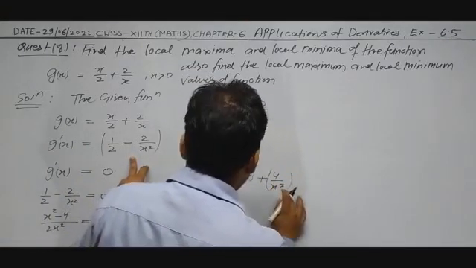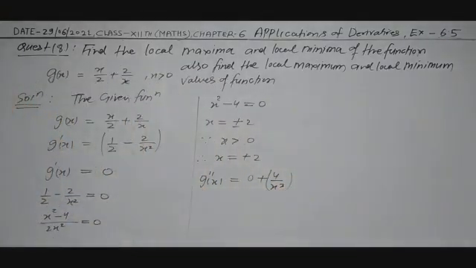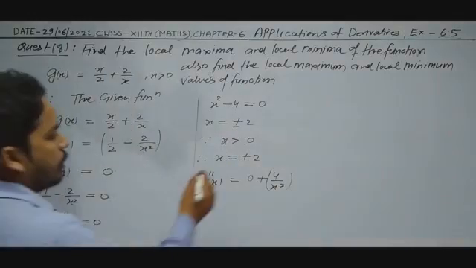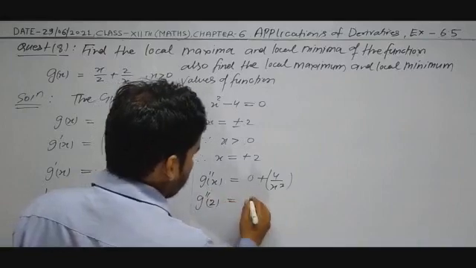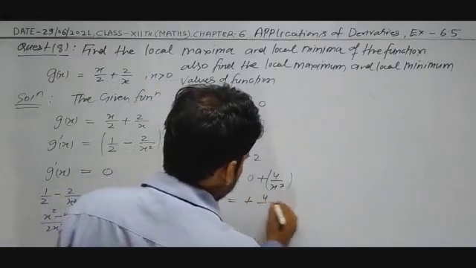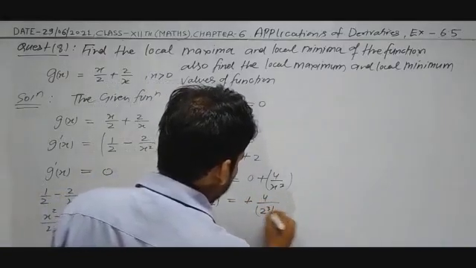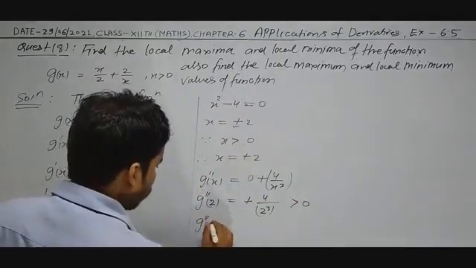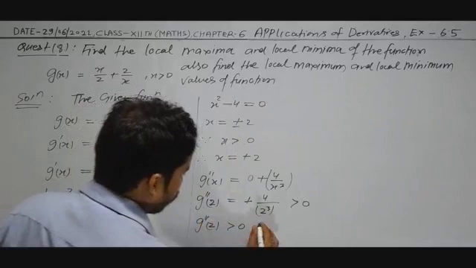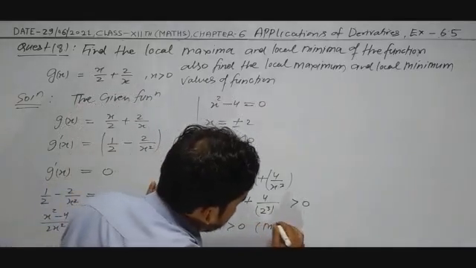This is the g double dash x. So now g double dash 2 result is 4 by 2 cube, and the result is greater than 0. So g double dash 2 is greater than 0. Greater than 0 means minimum.